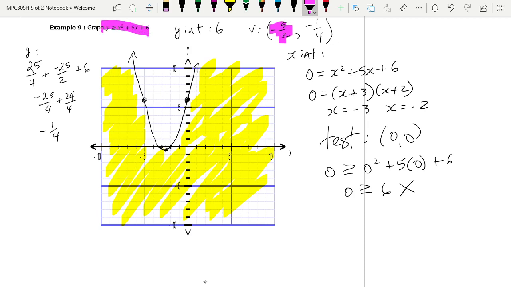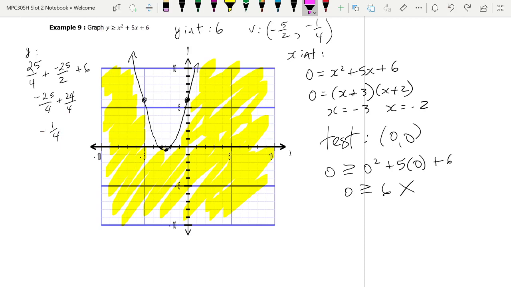So 5 halves squared is 25 fourths. 5 times 5 halves is negative 25 halves. And that'd be negative 50 quarters plus 25 quarters is negative 25 quarters, plus 6, which is 24 quarters. So I got a y-coordinate of my vertex of negative a quarter. So there's how I got my vertex. So 2.5 to the left and a quarter down. That's how I got those numbers.